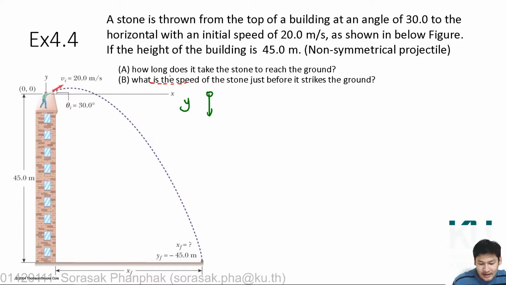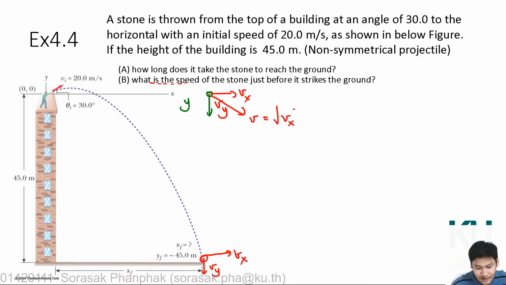But think about this speed now: it does not only happen in the y-axis. It also has speed in the x-axis, so the speed at the ground comprises vy and vx. The speed is the total v, which is the square root of vx square plus vy square.